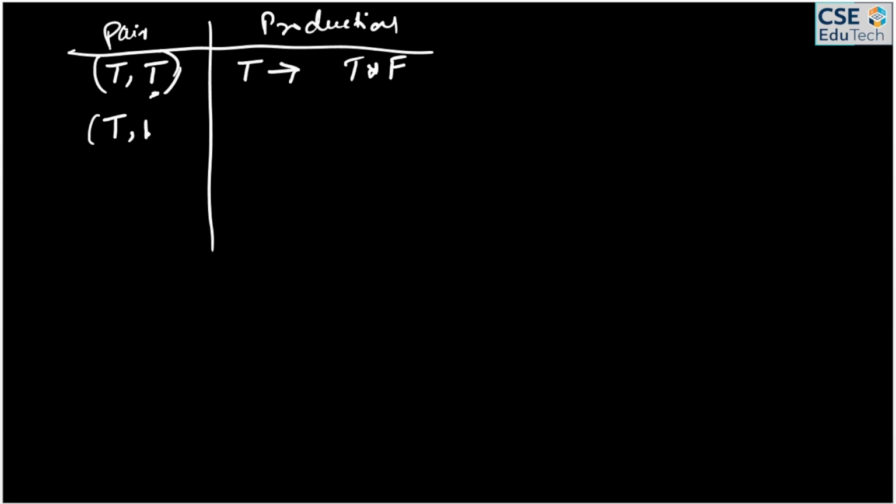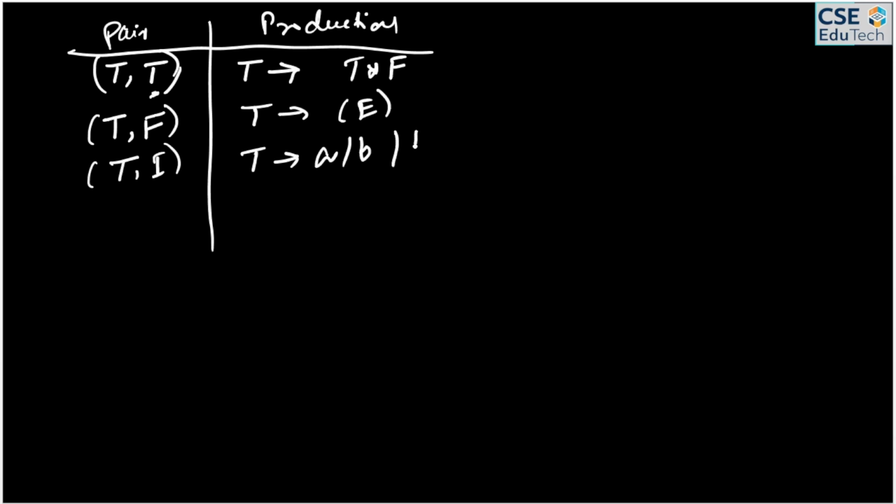Then T comma F. So is there any non-unit production from F? Obviously bracket of E is a non-unit production. Then T comma I. So it will also be T to A, B, IA, IB, I0, I1, which are non-unit productions.